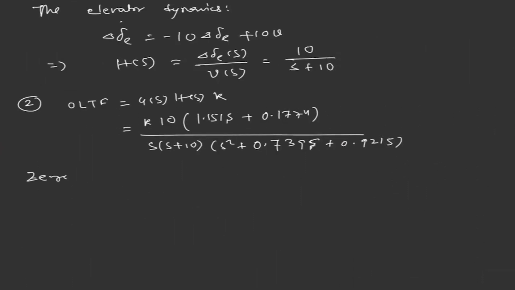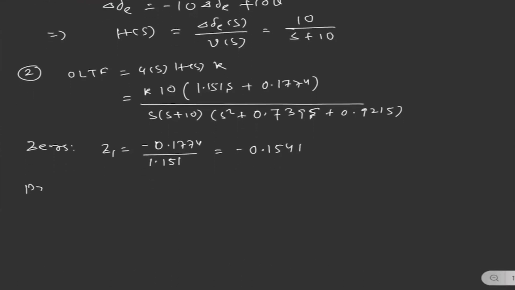The zeros: only one zero is there, minus 0.1774 divided by 1.151, which is minus 0.1541.